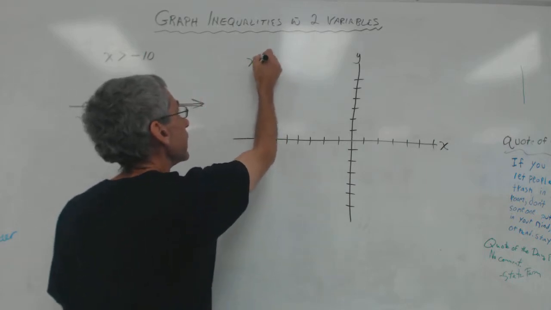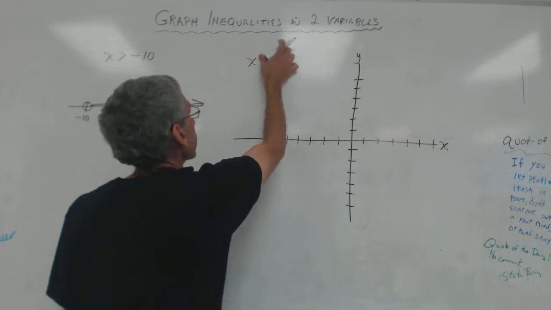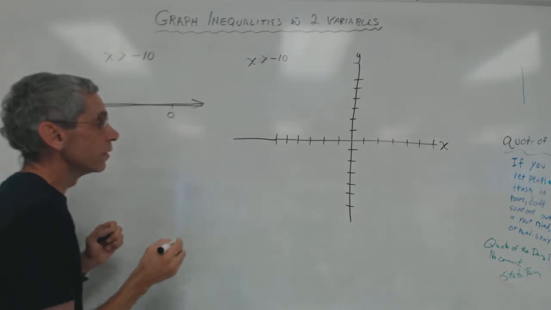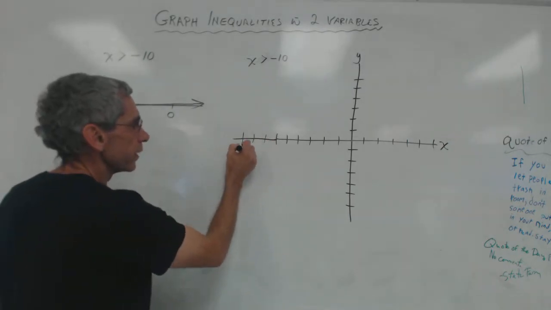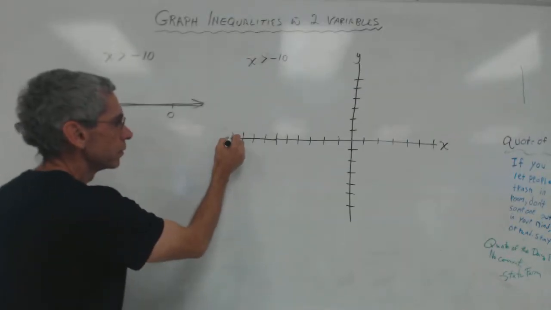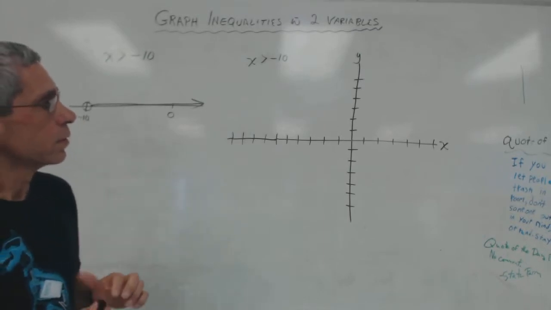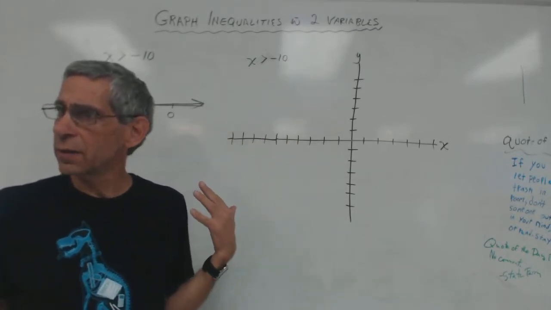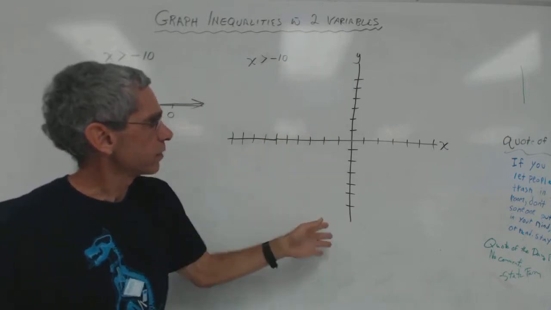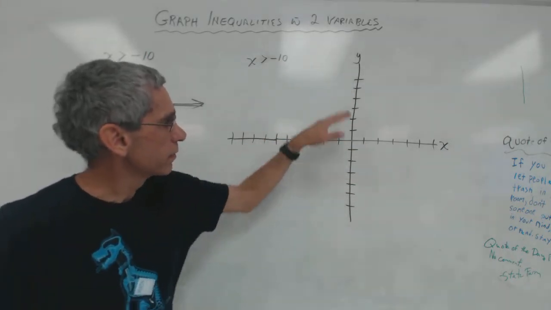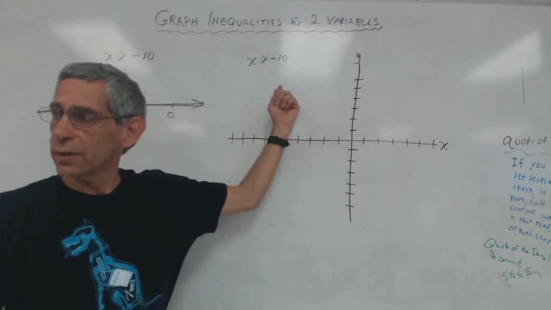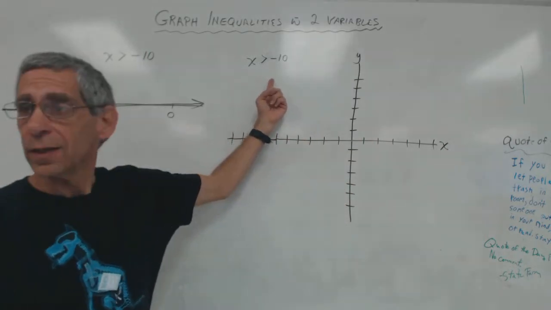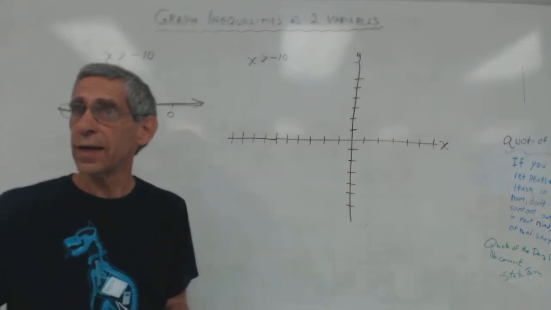We'll graph x is greater than negative 10. We'll graph that over here. So let's think about that for a second. Do we go to 10? Well, it's saying that we've got x's and y's for this graph, but it's only telling us about x's. It says x is greater than negative 10.